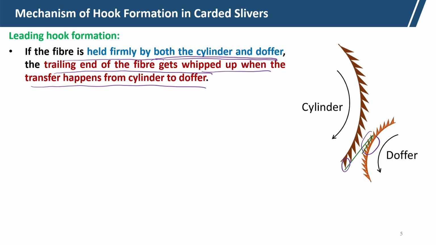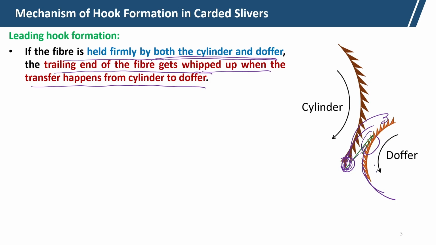So, this end will be forming this type of shape. The doffer will take out this portion, and it will be straightened, and this end will be whipped up when the transfer is taking place, because when transfer is taking place, the holding power of the doffer is higher than the cylinder.